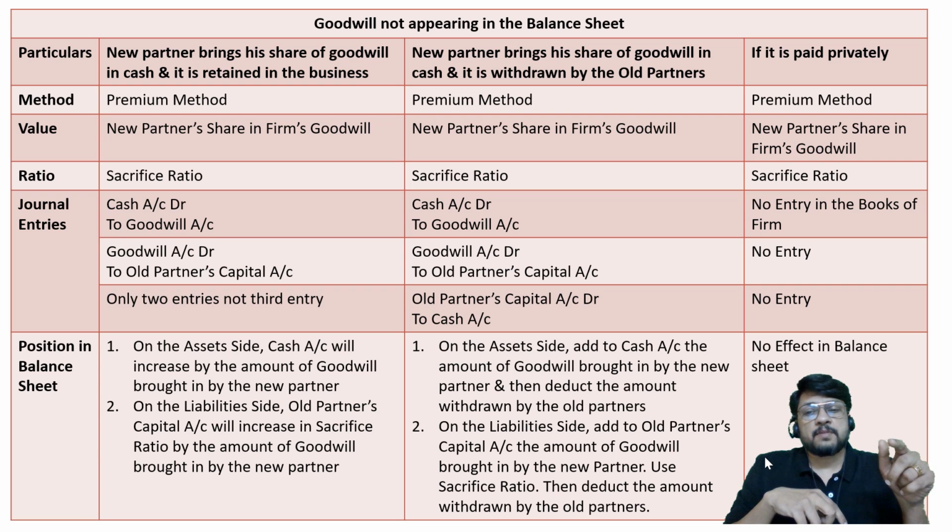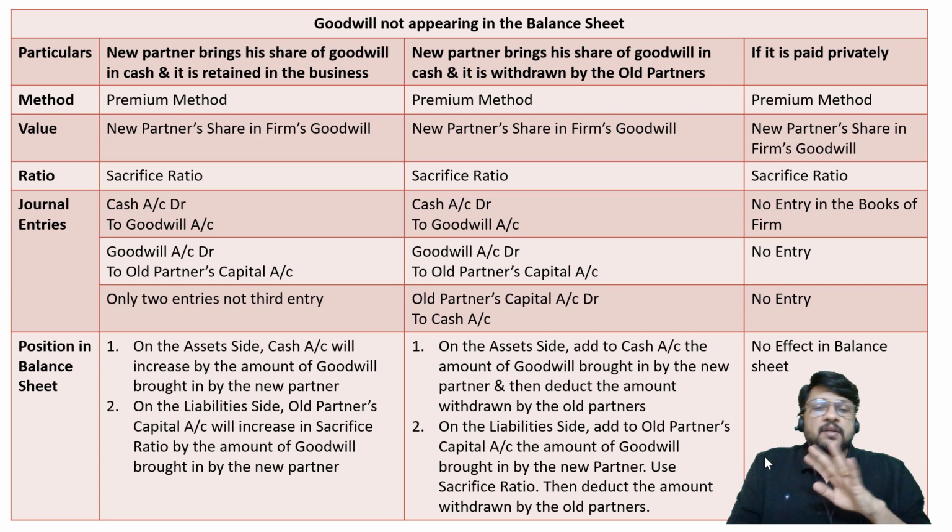Sometimes the problem may specify that the new partner brings his share of goodwill in cash and for that purpose the firm's goodwill is valued at rupees so and so, or the firm's goodwill is calculated by the average profit method, or by using the super profit method. One thing is clear, that the new partner is bringing his share of goodwill in cash, but how much he is bringing in cash, that amount they are not ready to tell.